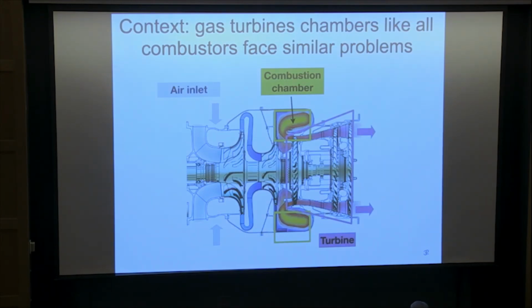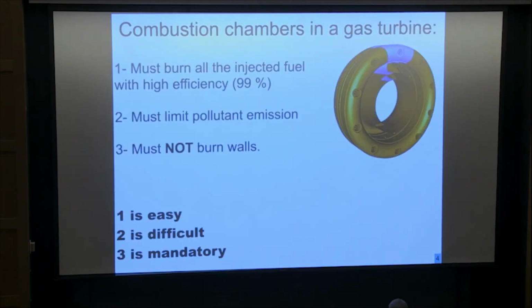Okay, so we're going to talk mainly about the walls in the chamber, because those are the hottest parts of the engine. When you talk to an engineer, he will tell you that he doesn't expect you to help him for efficiency. Efficiency of a gas turbine does not depend on the chamber. That's surprising to say, but it depends on the compressor.